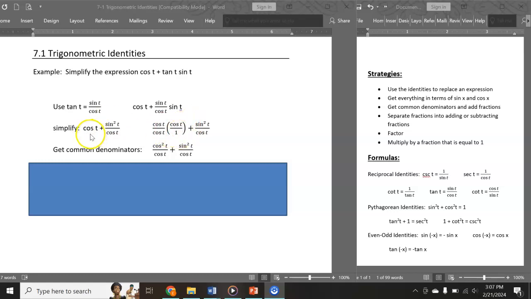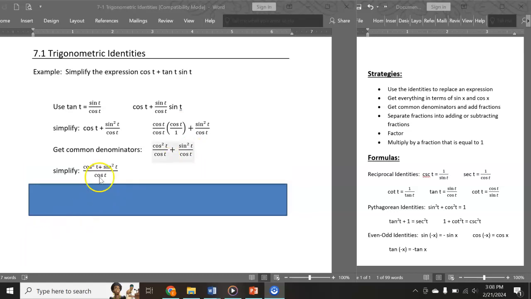And I just added the over 1 here to do my fraction multiplication. And it comes out to cosine squared t over cosine plus sine squared t over cosine. So now I can add these two fractions together. That becomes cosine squared t plus sine squared t over cosine t.